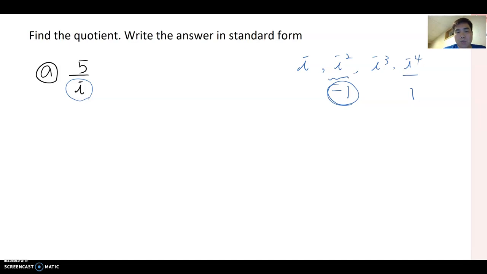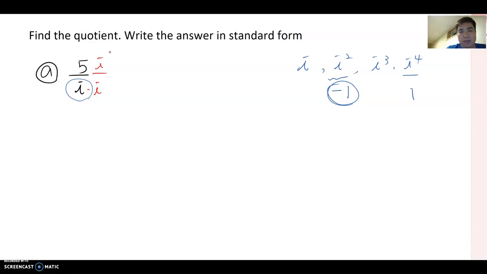It means we need to make i into i squared. Then how do we make i squared from i? If you think multiply by i, that is correct. But when you multiply, you must multiply i on both the numerator and denominator, so that i over i equals 1, so simply nothing happened.